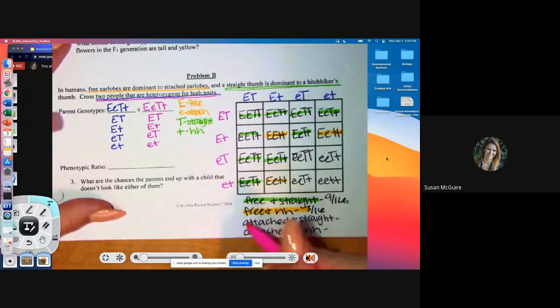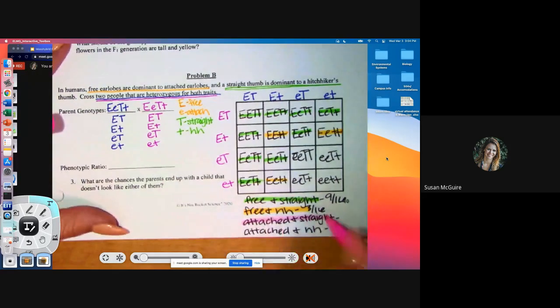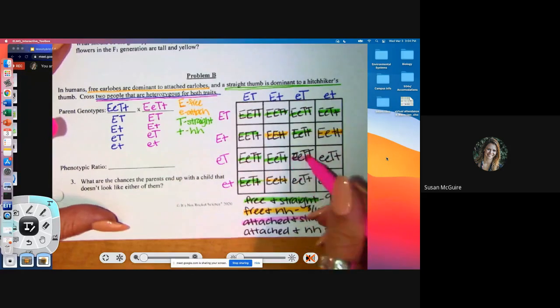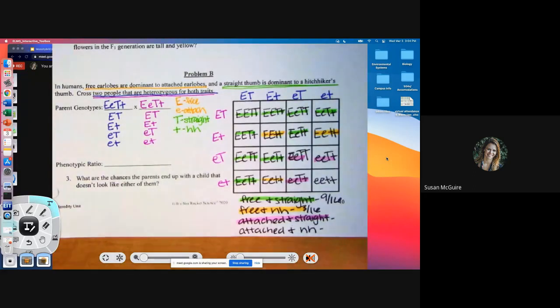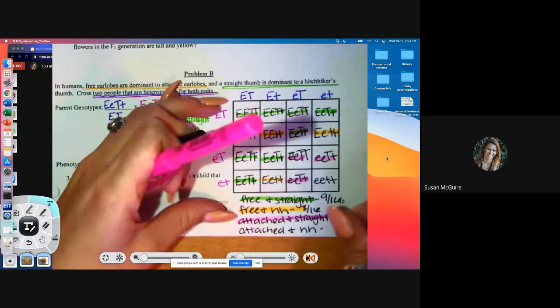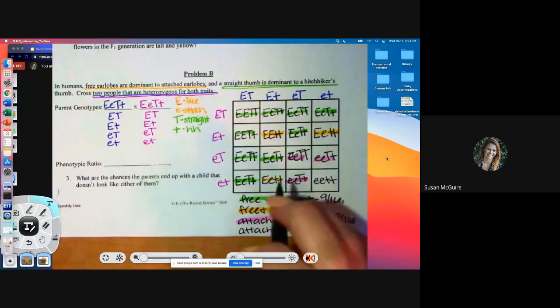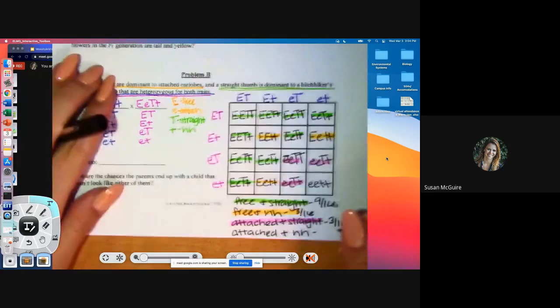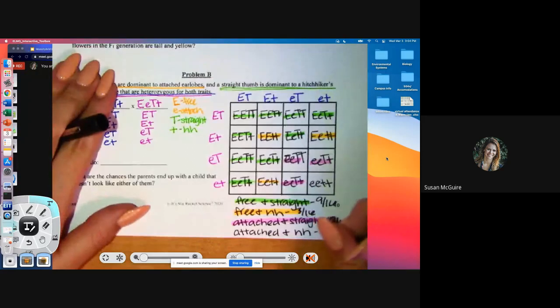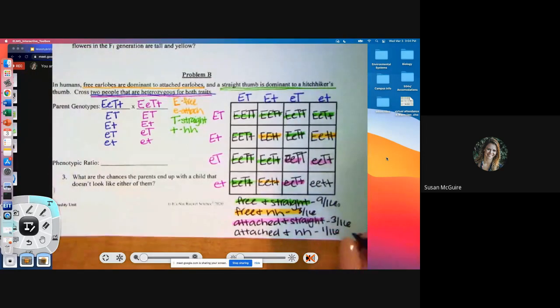Attached and straight. So double recessive for ears, at least one dominant for thumb. 2, 3. 3 out of 16. And then this one, attached and hitchhikers, 1 out of 16.